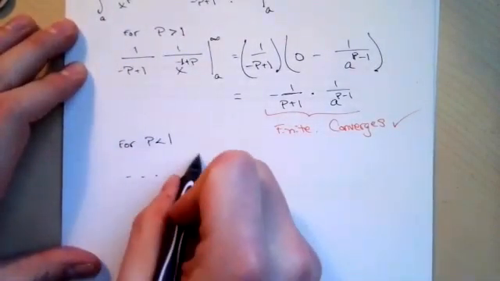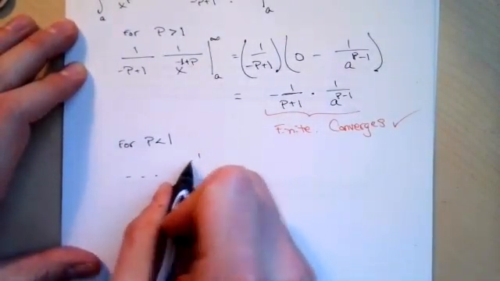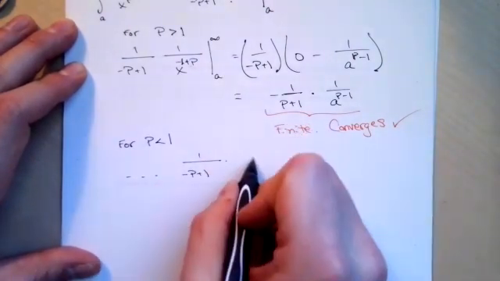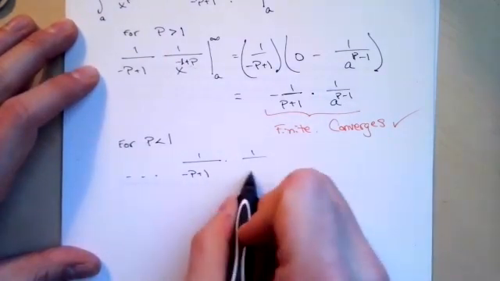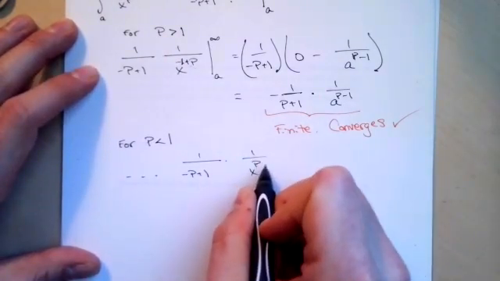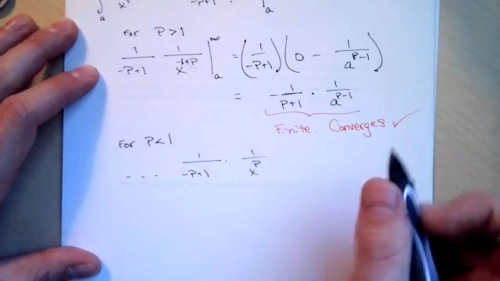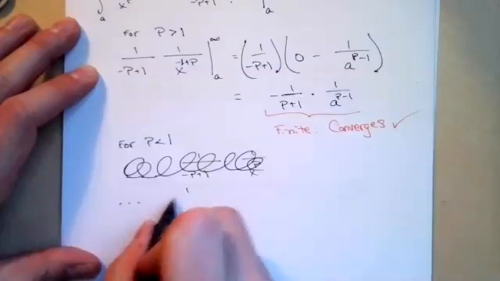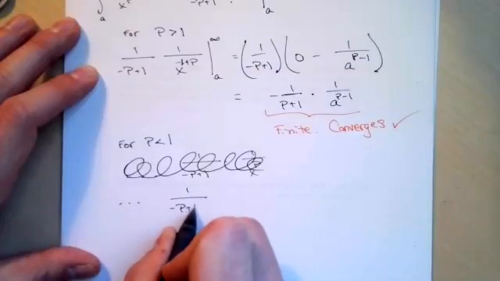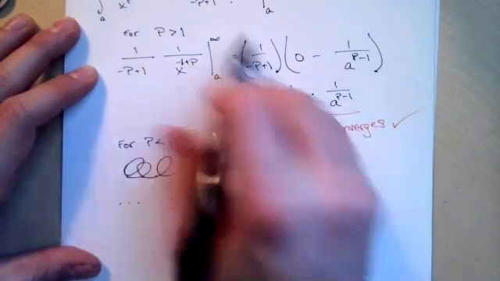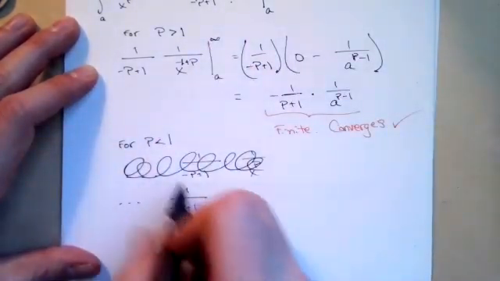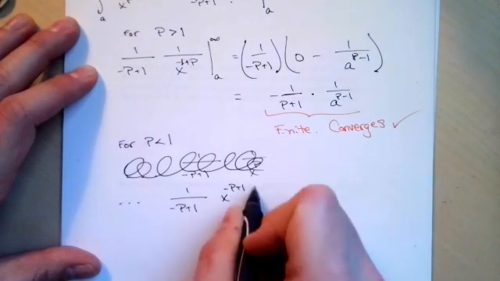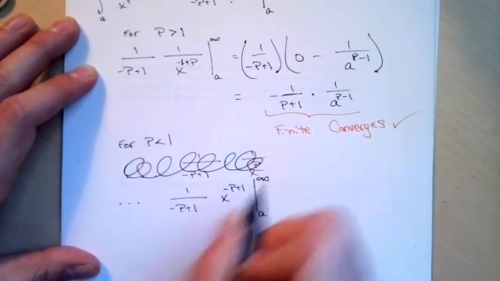We had 1 over minus p plus 1 times x to the minus p plus 1, from a to infinity.